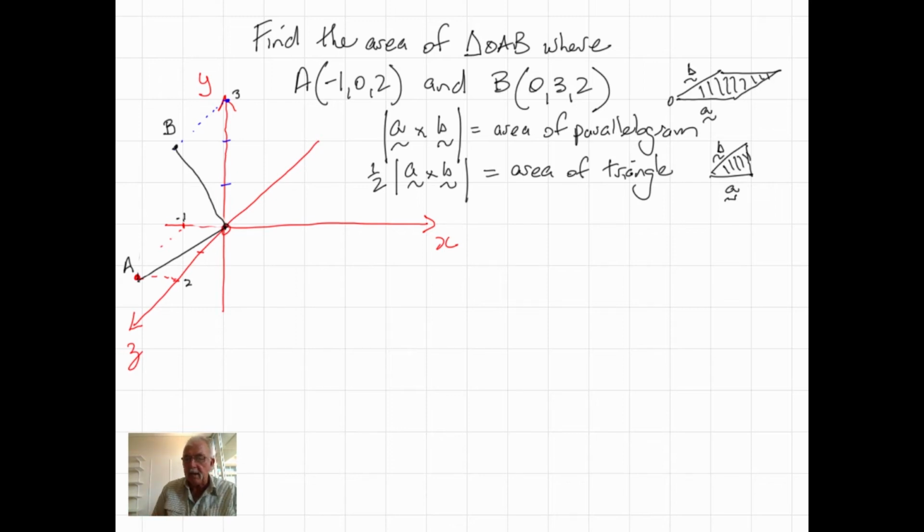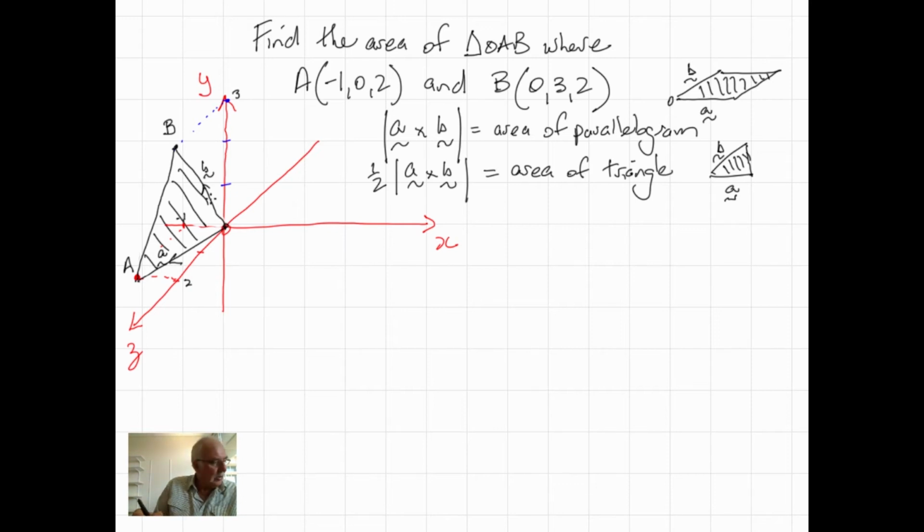I've plotted point A, I've plotted point B, and O is the origin. And so if we were to draw the triangle, here's my vector A, here's my vector B, and we are endeavouring to calculate the area of that three-dimensional triangle.